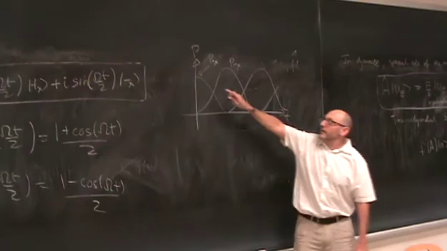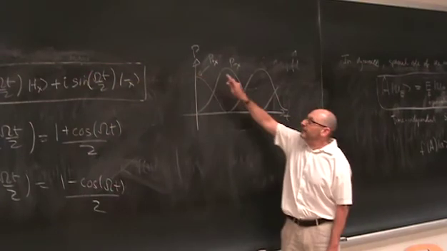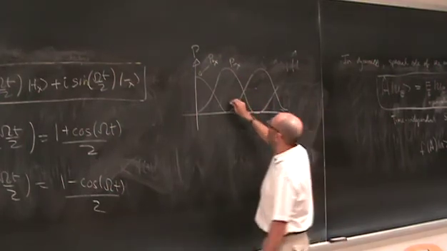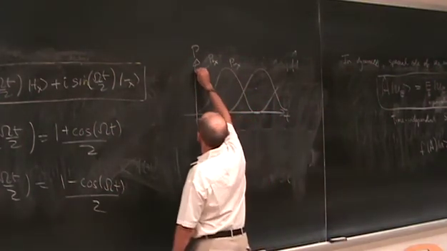It started out spin up along x, and then it becomes spin down along x.